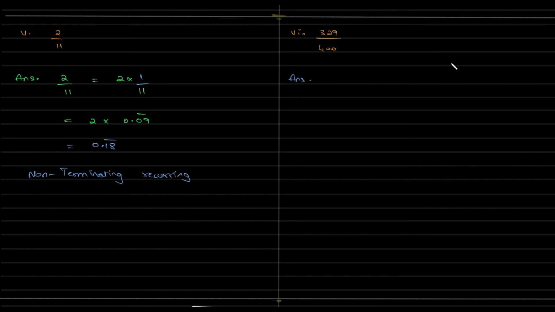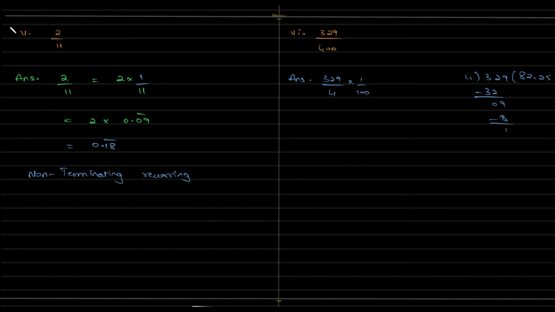And last we have 4 dividing 329. 8 4s are 32. Have 0 9. 2 4s are 8. 1.25. This is 329 divided by 4 into 1 by 100.